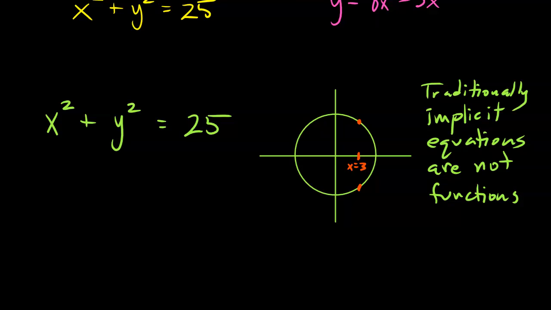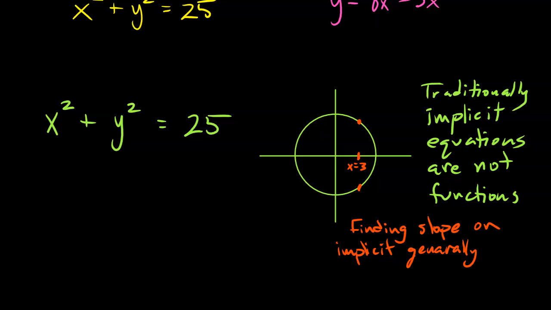So what you're generally going to have to do when finding an implicit derivative or slope of an implicit equation that's not a function, you're traditionally going to need an x and a y value.